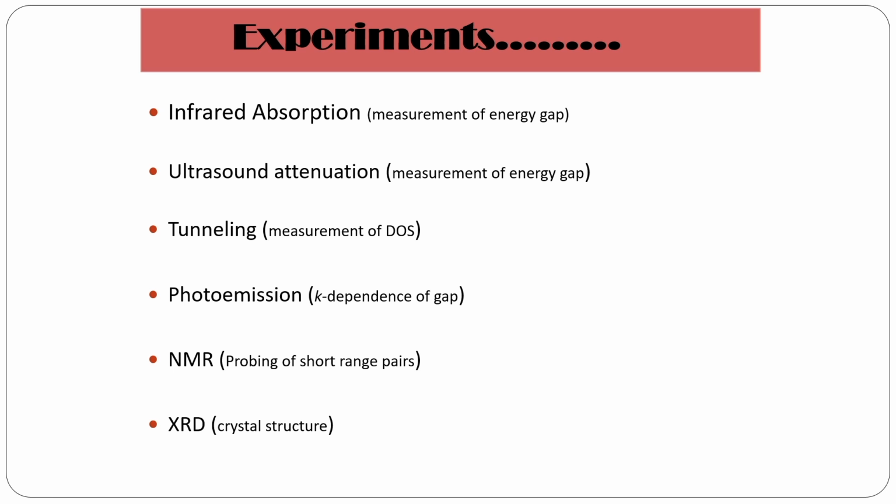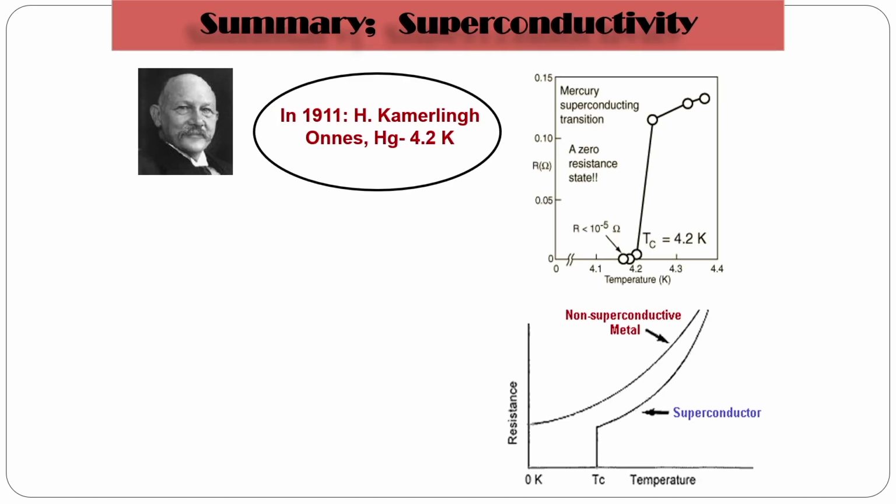The experiments that can detect superconductivity, the superconducting energy gap or the Tc, are infrared emission, ultrasound attenuation, tunneling experiments, that is, making a junction, putting a bias and measuring the current, and photoemission spectroscopy, NMR, nuclear magnetic resonance to probe short pairs, and XRD to look at the crystal structures.